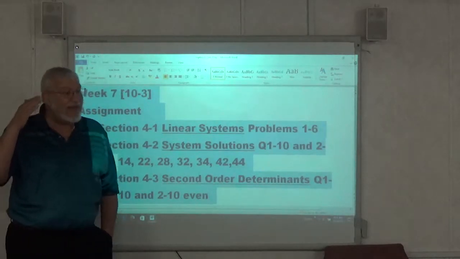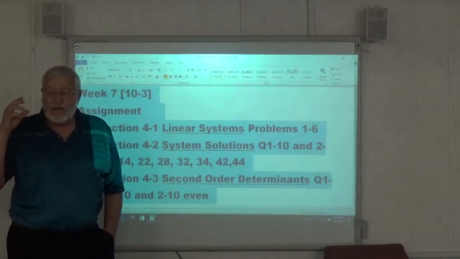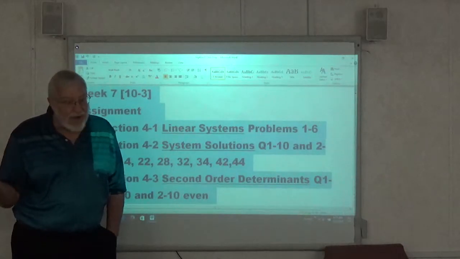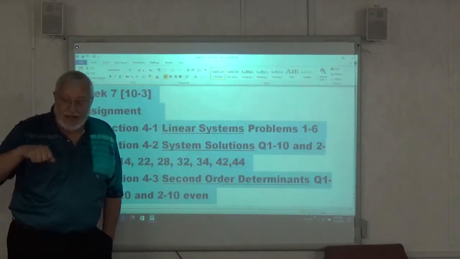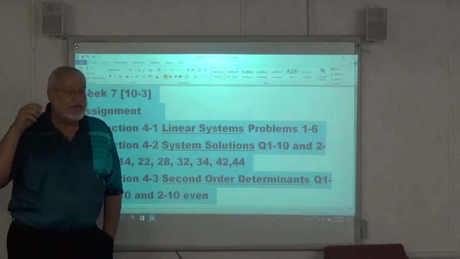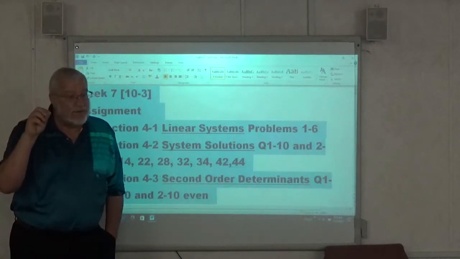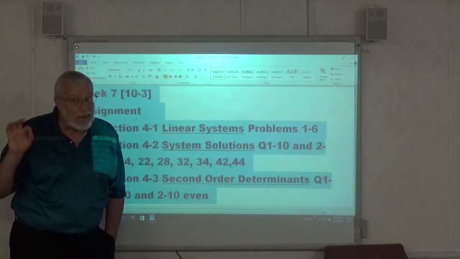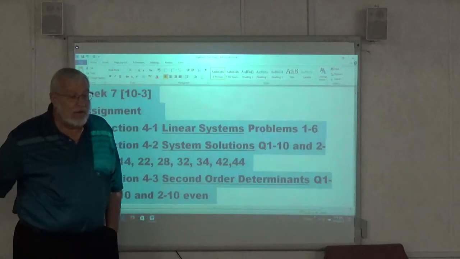And you should get used to fractions, improper fractions, simplified as far as you can. That means you take out your common factors. You should remember that from earlier.